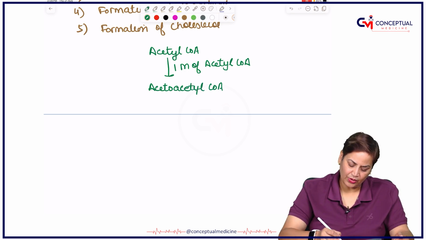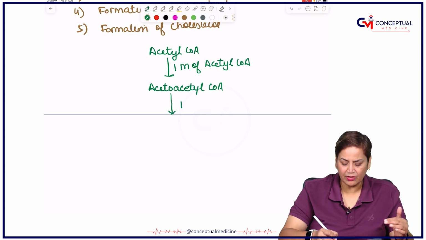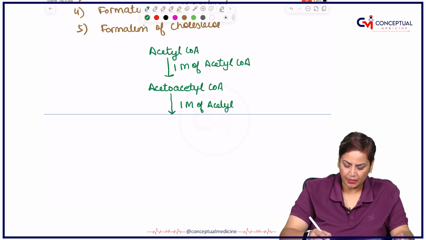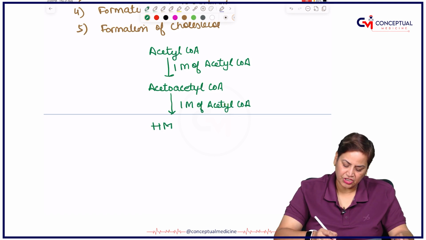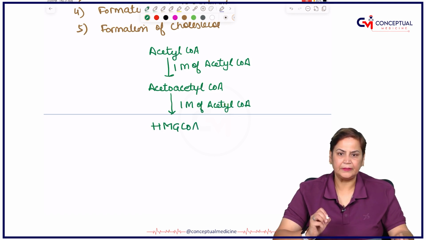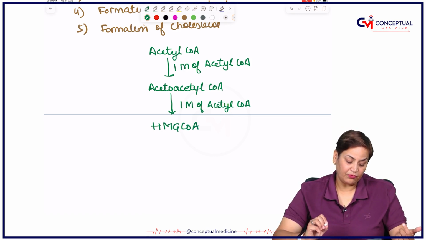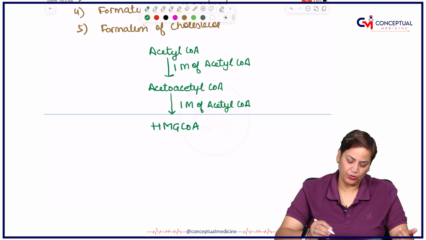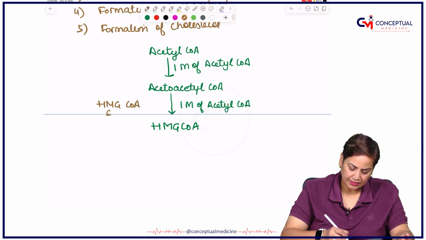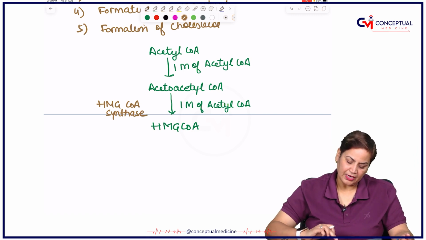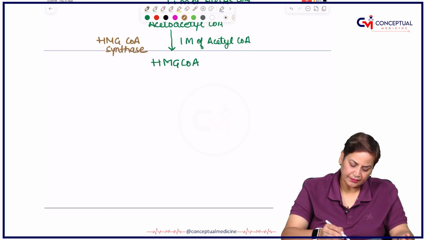Now this acetoacetyl-CoA will combine with one more molecule of acetyl-CoA, and it is going to form HMG-CoA. So this is the first step, formation of HMG-CoA. And the enzyme here is HMG-CoA synthase.